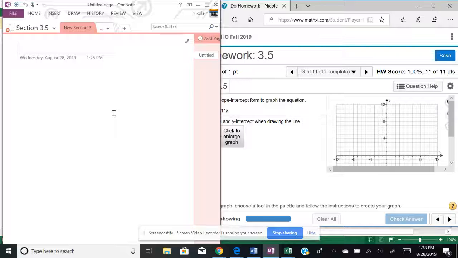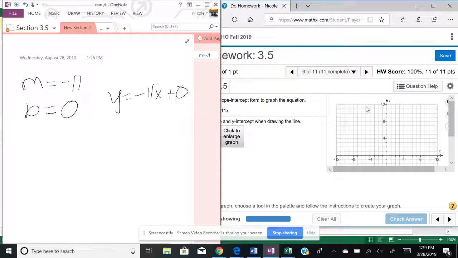Here again, I'm going to write what my slope is, which is negative 11, and my y-intercept. I don't have plus or minus anything, so guess what? That is 0. It's okay. You can always write that as y is equal to negative 11x plus 0.